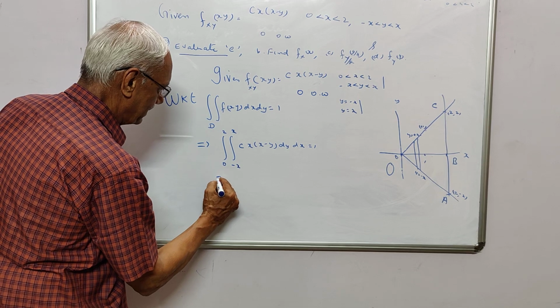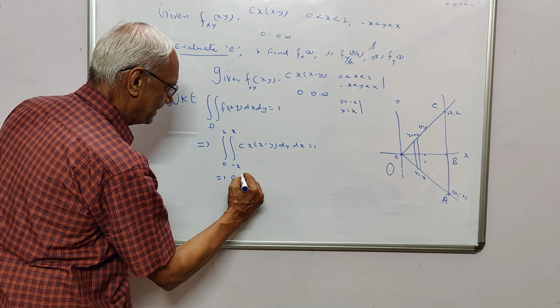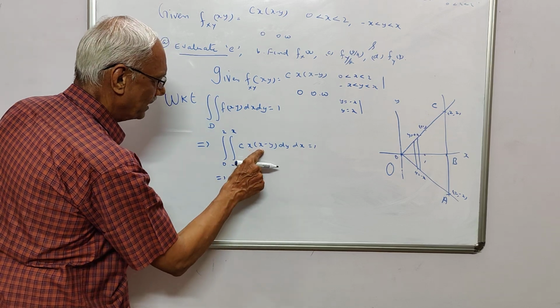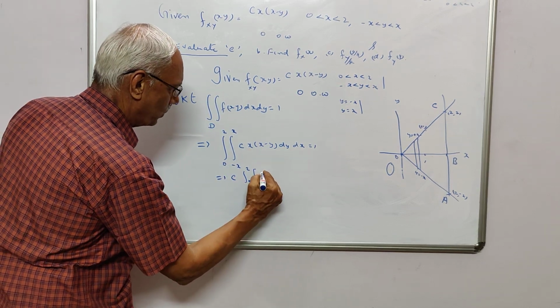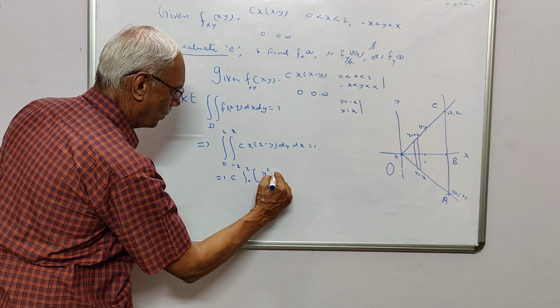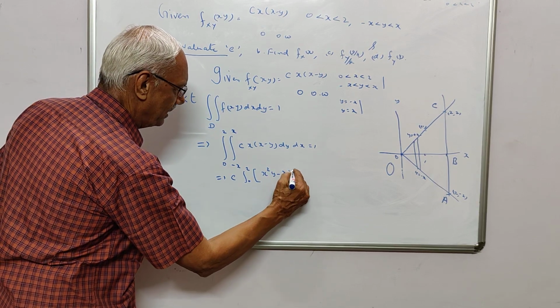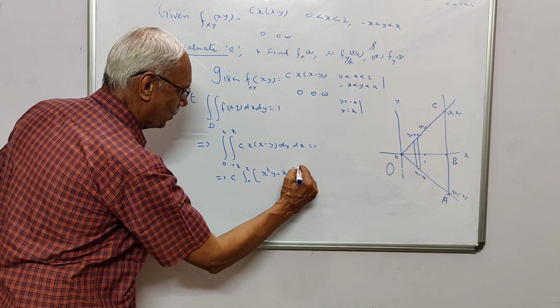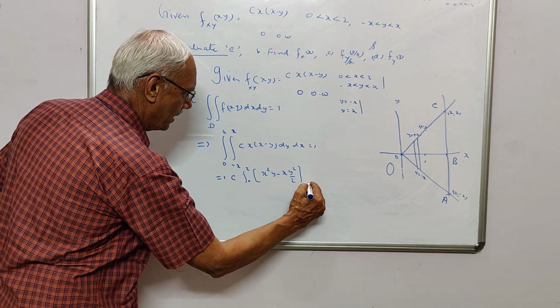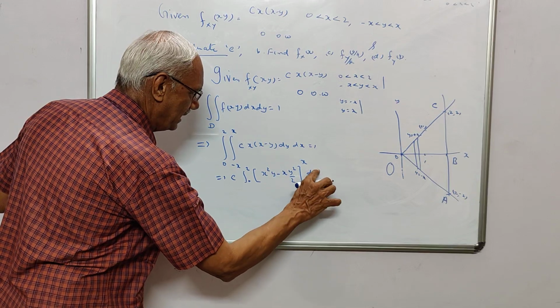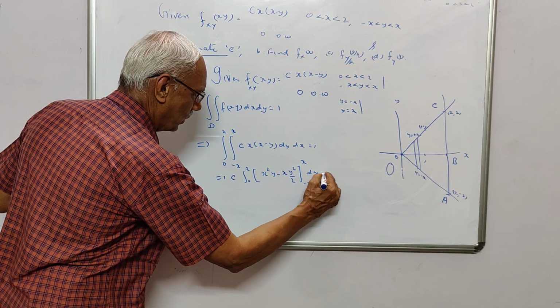So this implies, take that c outside, integral 0 to 2, and I will integrate x squared with respect to y. It is x squared y, going from minus x to plus x, dy dx equal to 1.